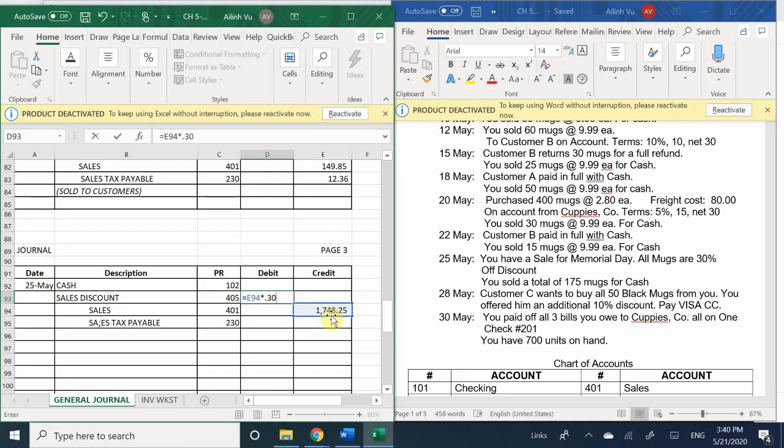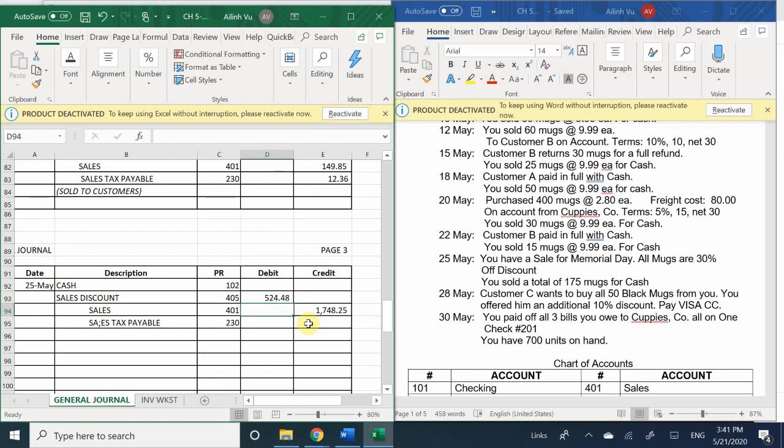So by multiplying the 1748.25 by the 30%, we get that $524 is going to be discounted off of the sales that we currently made. All right?